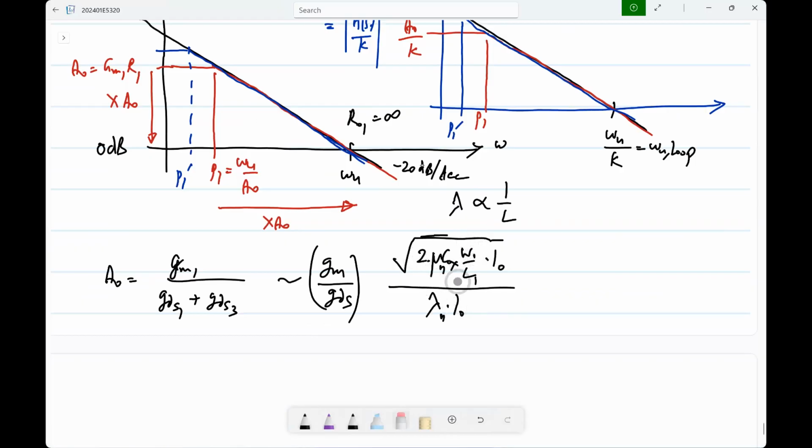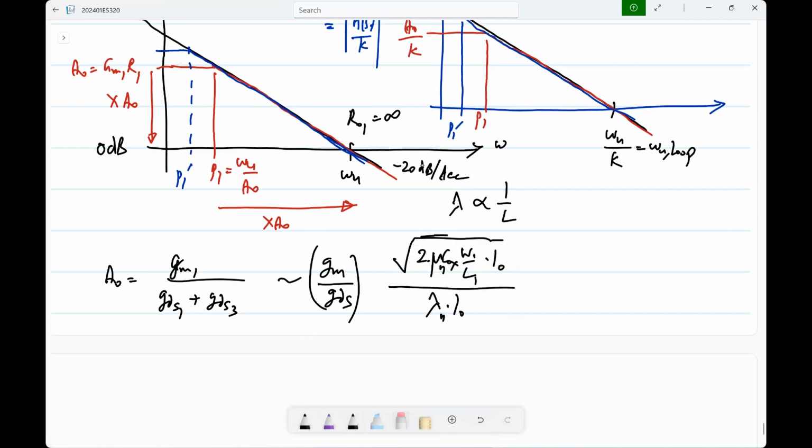This is assuming square law. If you are operating in weak inversion, it behaves differently. And then, of course, if you operate with a small current density, you will tend to have a higher DC gain.